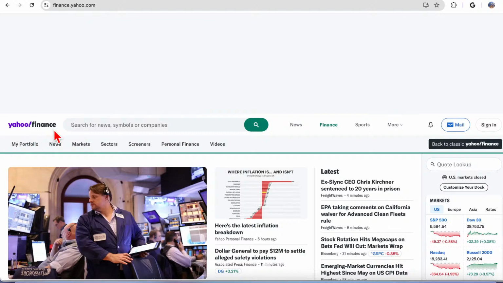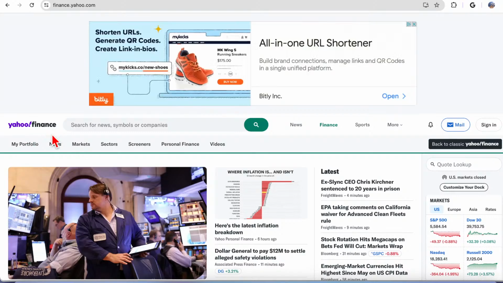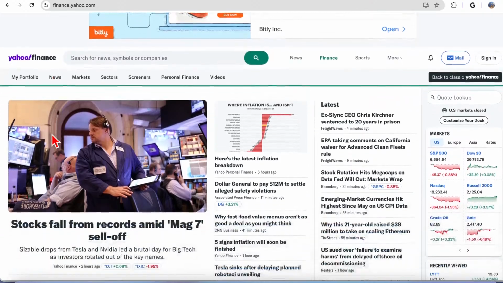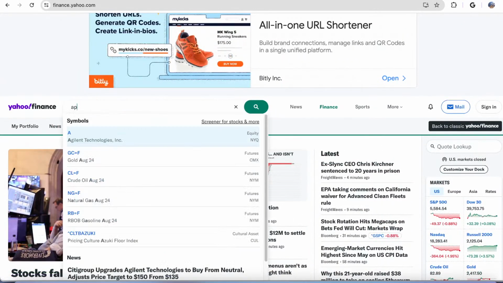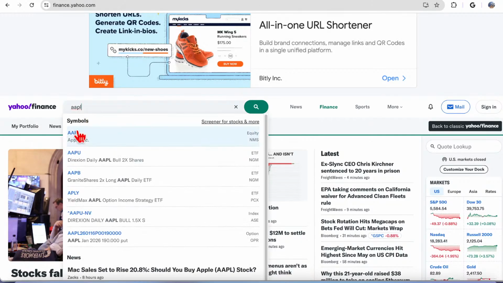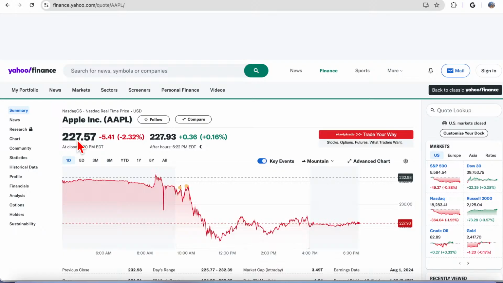But Yahoo Finance, as a matter of fact, provides very good services. You could find all this financial information here. For example, speaking of Apple, you can find all the information here. And there are a bunch of Python libraries that will help you to get that information.